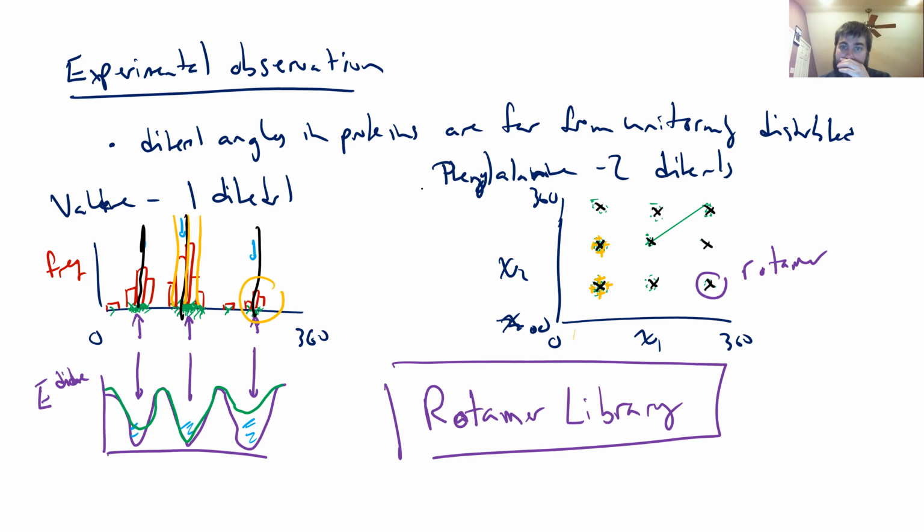Because yes, most dihedral angles for valine are in this scope, but there are some outliers. What happens if our structure has one of these outliers and that outlier is important? The rest of the structure can't form without making that perturbation. It probably is the case that it requires energy to push that valine to a non-standard state. And maybe if we don't account for that, we will mispredict the structure.